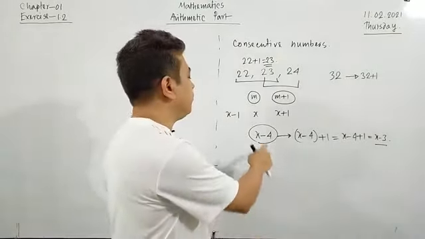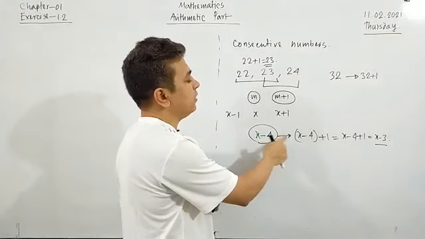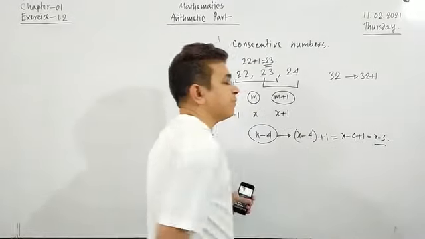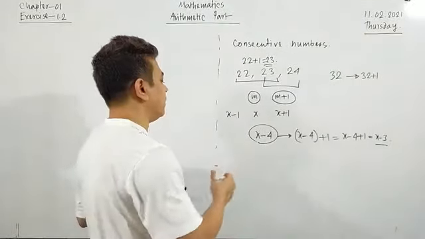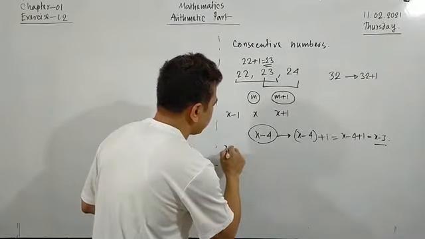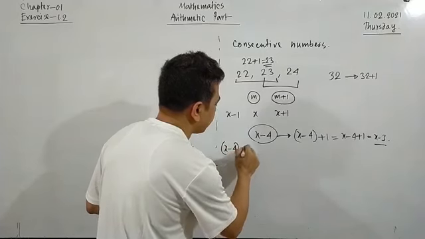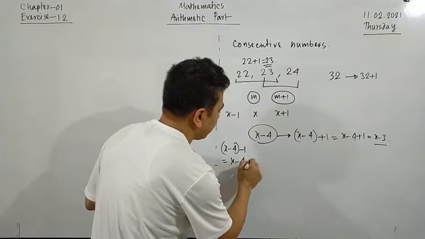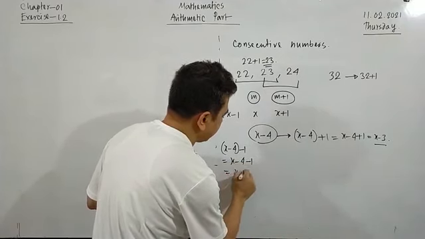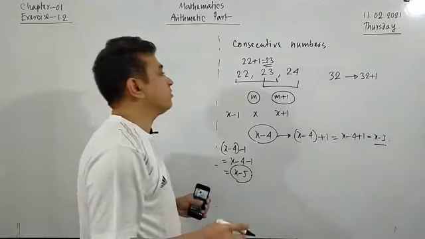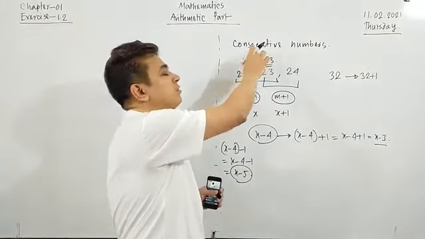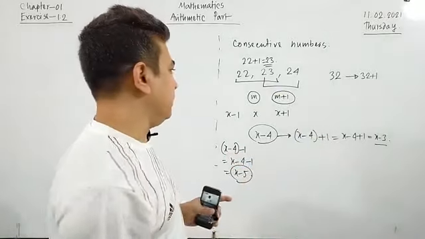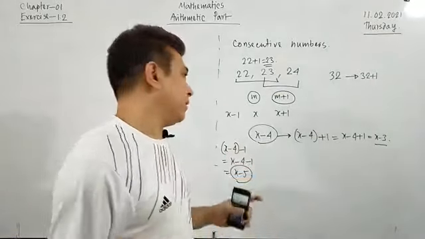If we consider the first number is x minus 4, the next number should be x minus 4 plus 1, so it is x minus 3. And the previous one, of course, will be x minus 4 minus 1, so it is x minus 5. Simple things: first we consider just one number, the next number is that number plus 1, and the previous number is that number minus 1.